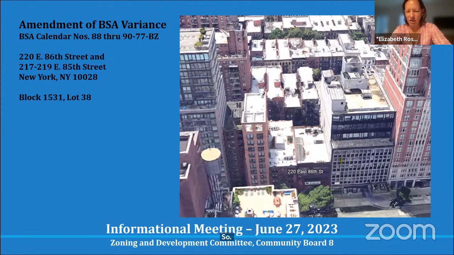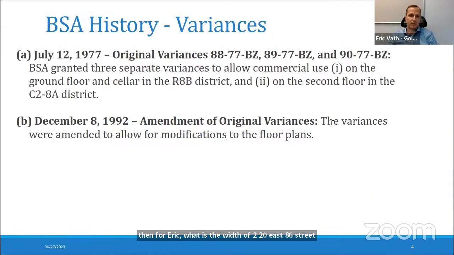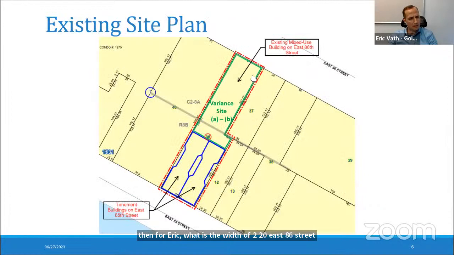Okay, so this is probably something that would be helpful for all of us to better understand as conversations continue. Question then for Eric, what is the width of 220 East 86th Street? Let me refresh my memory. It's 41 feet.